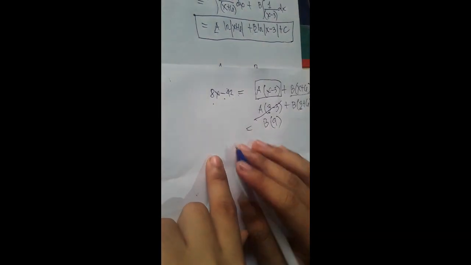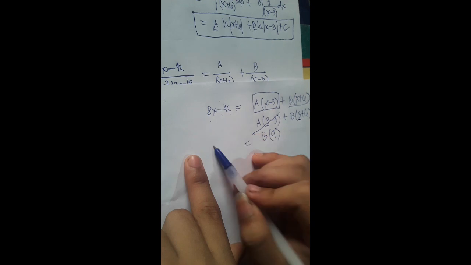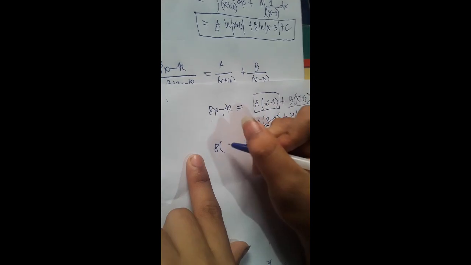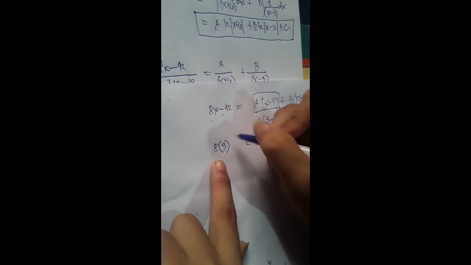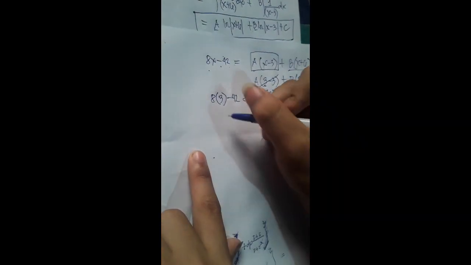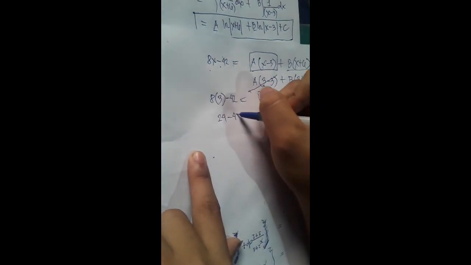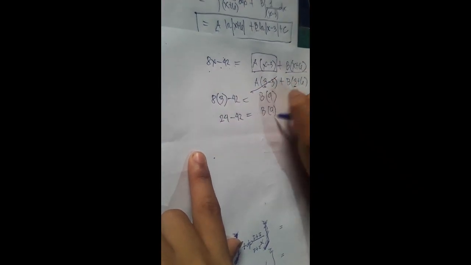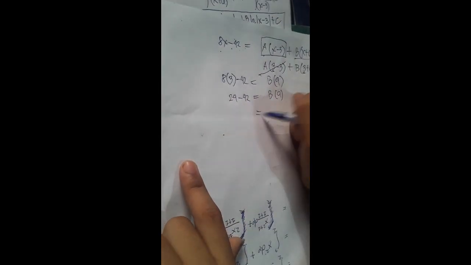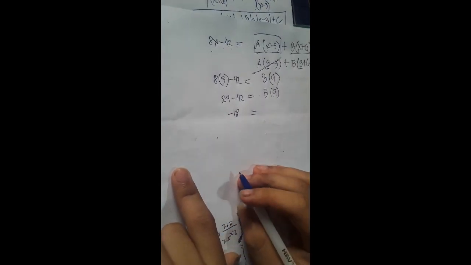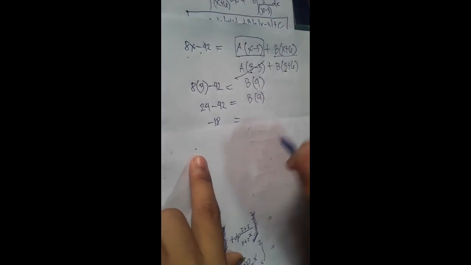At the left side, we have 8x minus 42, and the value of x is 3, so 8 times 3 minus 42. 8 times 3 is 24, minus 42. We can simplify this into 24 minus 42, which will become negative 18. At the right side is b times 9.